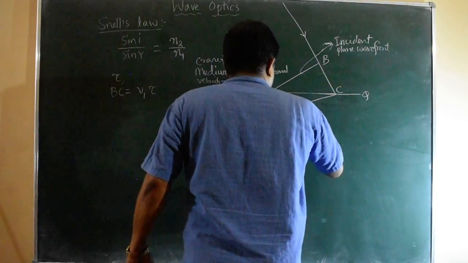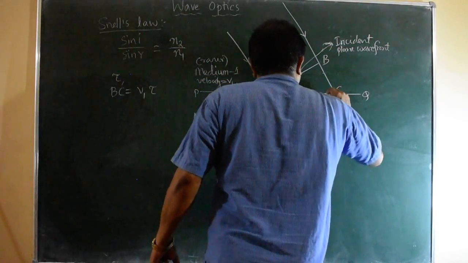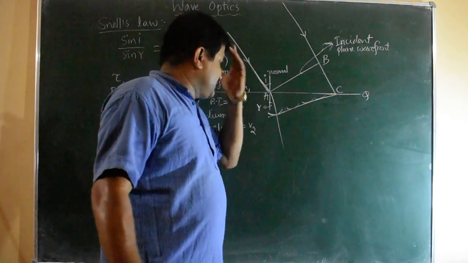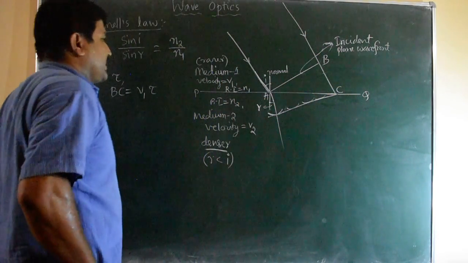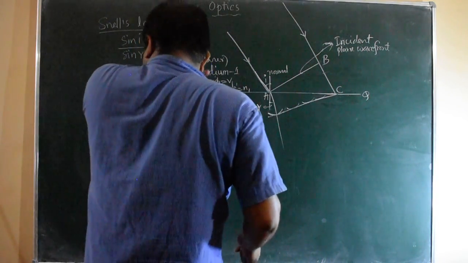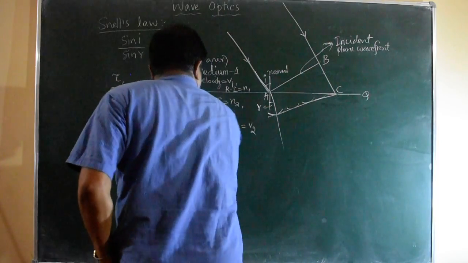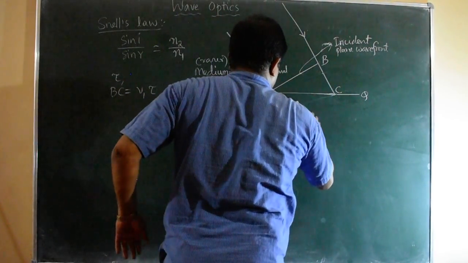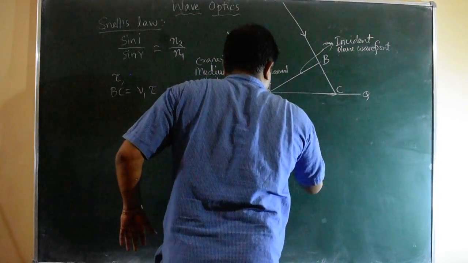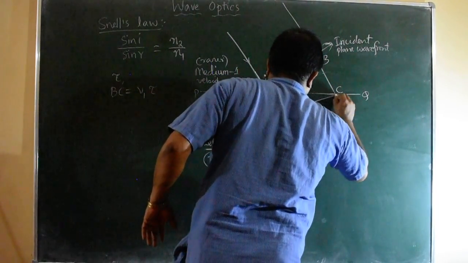Like this we get many wavelets. The tangential surface joining all the secondary wavelets gives the new refracted wavefront. But for the sake of simplicity, we will show only one spherical wavelet here. The remaining we don't show in the figure.